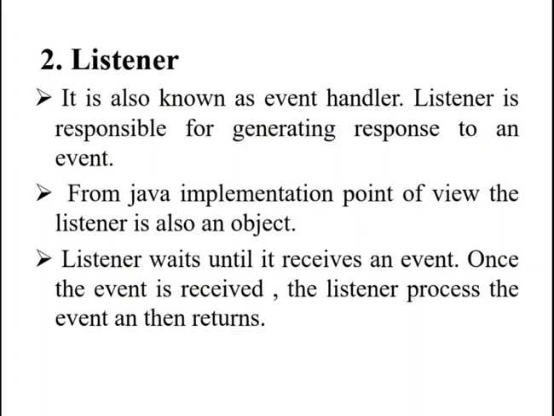It has two major requirements. First, it must have been registered with one or more sources to receive notifications about a specific type of event. And second, it must implement the methods to receive and process these notifications. The methods that receive and process events are defined in a set of interfaces found in java.awt.event.